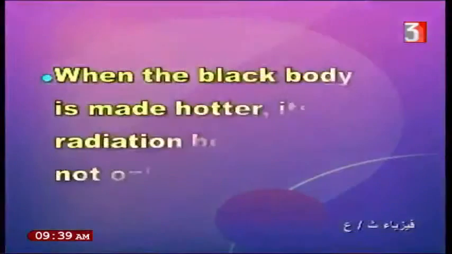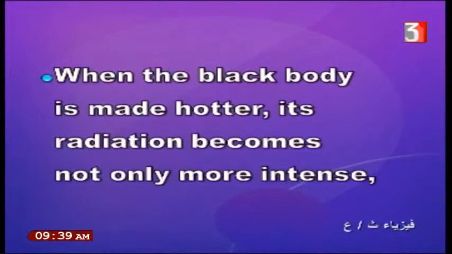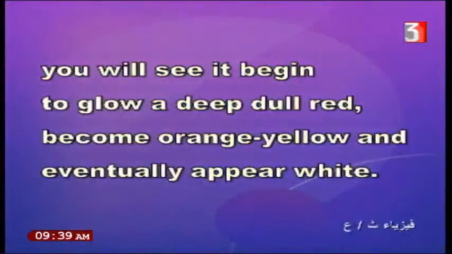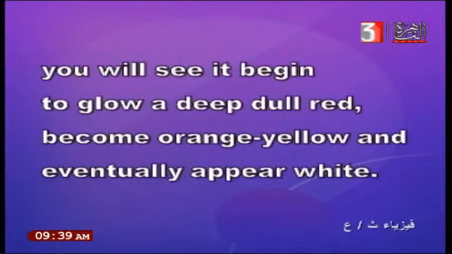When the black body is made hotter, its radiation becomes not only more intense, but something interesting will happen. For example, if you watch the filament of a lamp, how do you raise the temperature of the filament? By increasing the current flowing through it. As the current is gradually increased, you'll see the filament begin to glow a deep dull red.